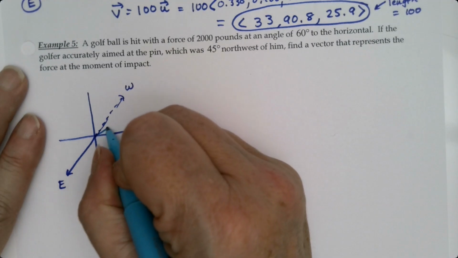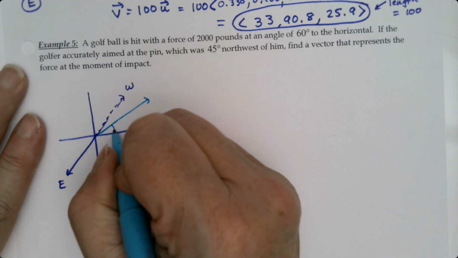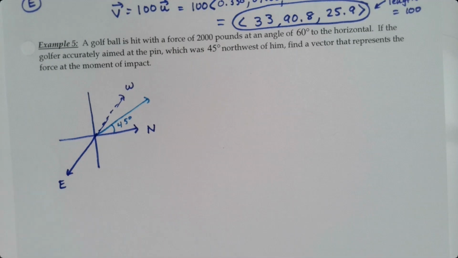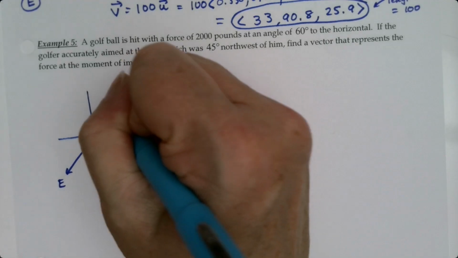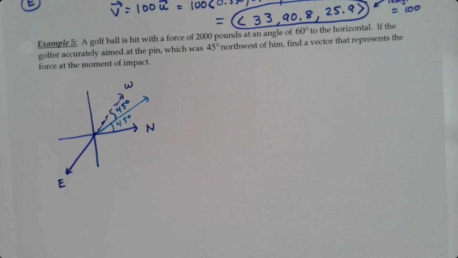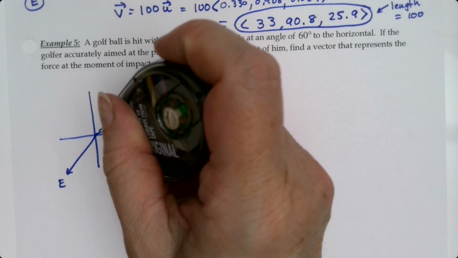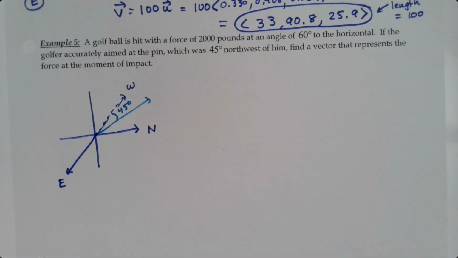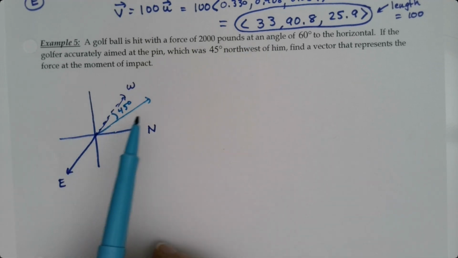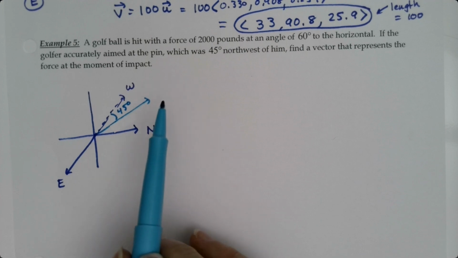So they're going right there with a 45 degree angle right there. Or if you will, it's really 45 degrees here. Let's leave it there. Technically both of them are 45, but I have my reasons. So 45 degrees northwest. Okay, so then find a vector that represents the force at the moment of impact.